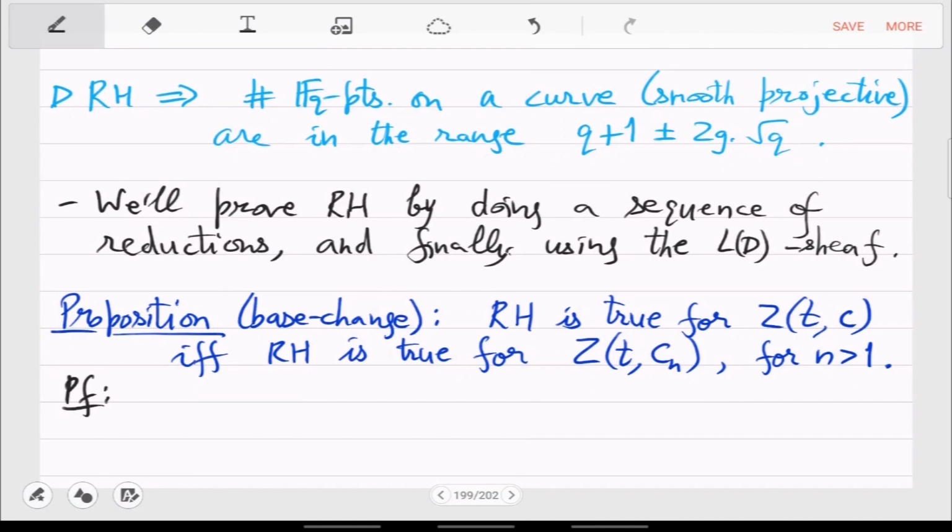So let's first show this reduction. We know from the older identity that the zeta function of the curve divides Z(t^n, C_n). Okay, we had shown this earlier.